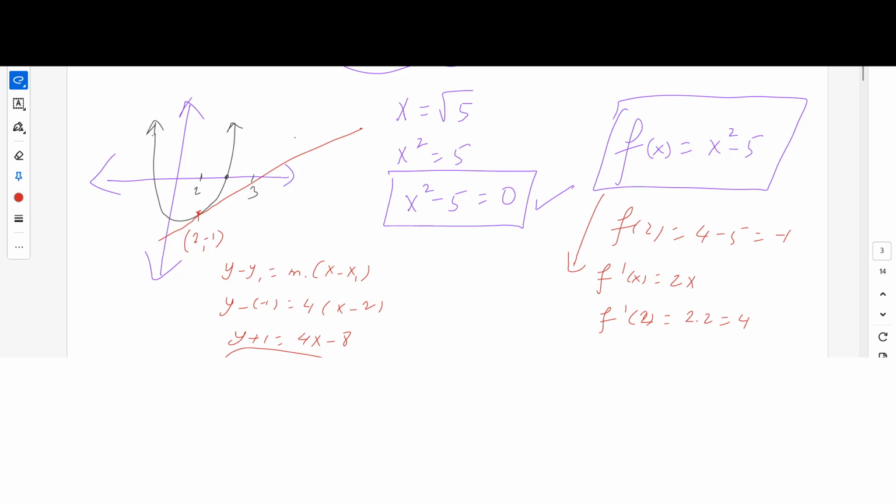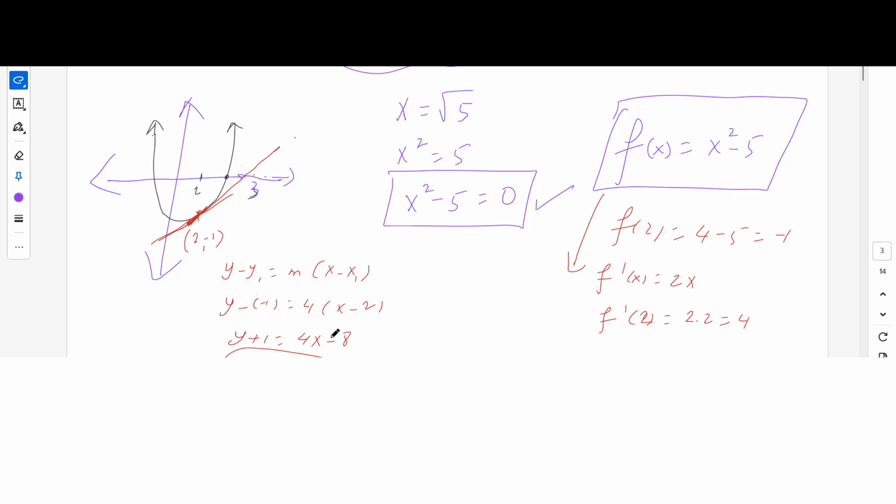I did the calculation, and it's supposed to pass before 3. I need an eraser here. So the tangent line is supposed to be something like this. Okay, that was a mistake, and there is a 3 here.